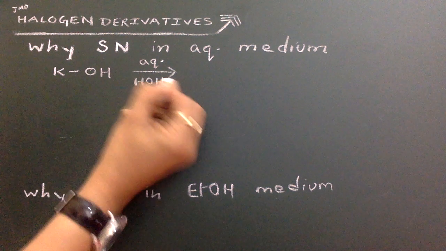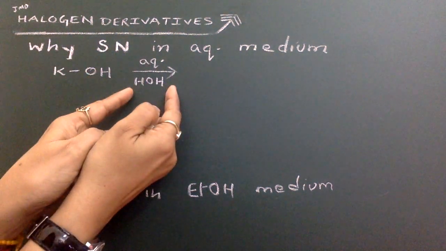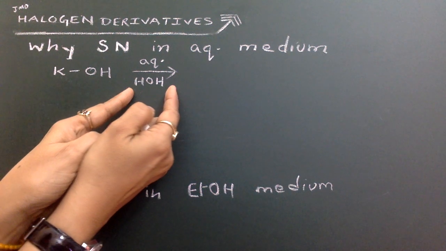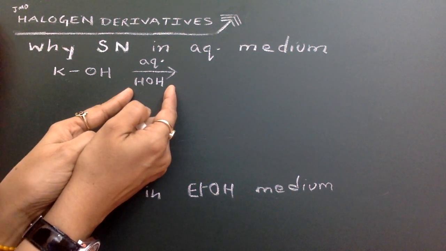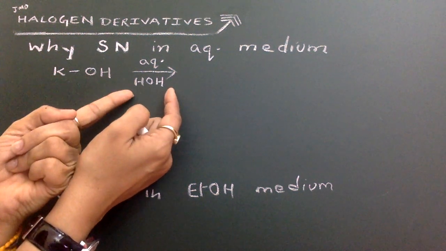The very first thing which we should understand, children, over here is, this is inorganic, this is inorganic. And we know the principle of solubility. Like dissolves like. Inorganic will dissolve easily in inorganic.